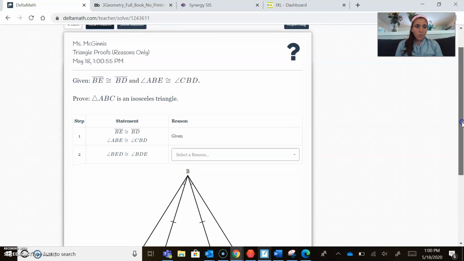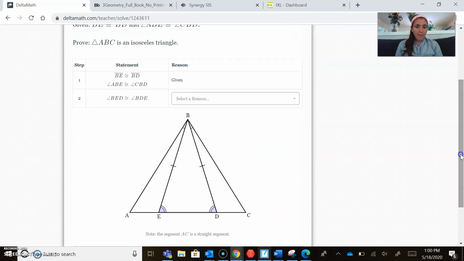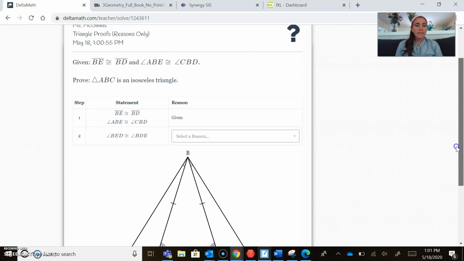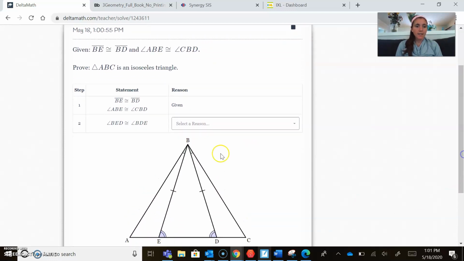Okay, we are trying to prove that ABC, the big triangle, is isosceles. All right, so they gave us some information. BE is congruent to BD, and ABE is congruent to CBD. So why is BED congruent to BDE?